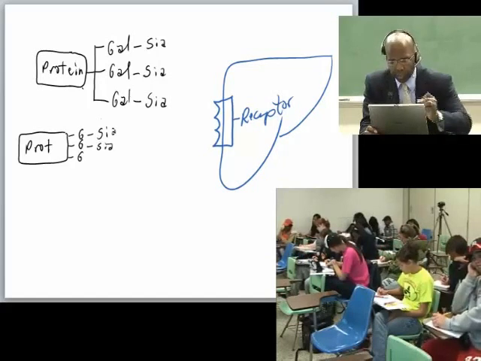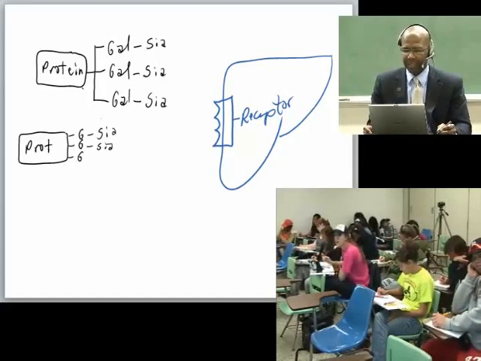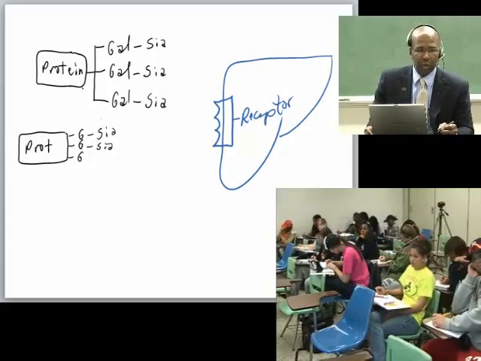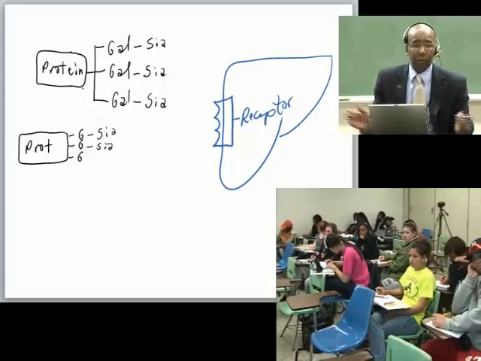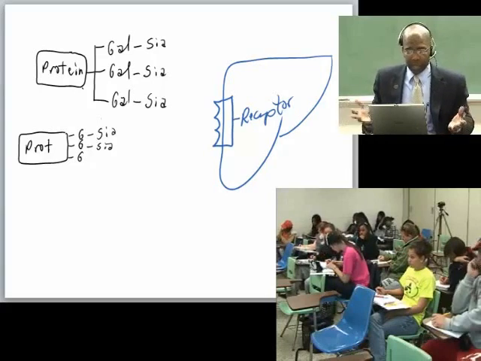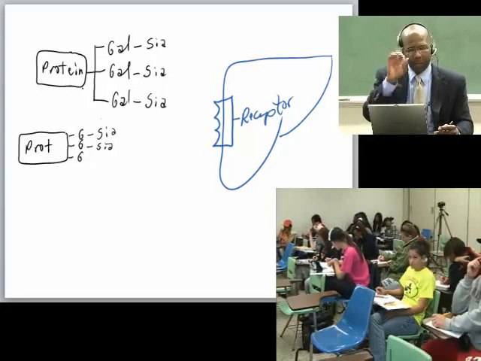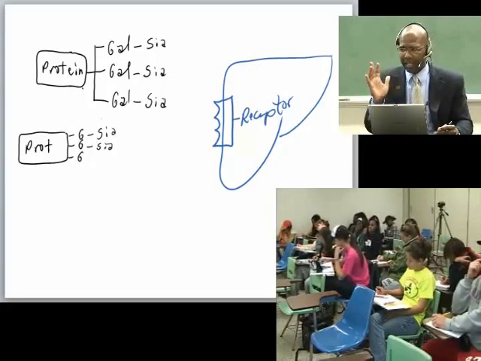You're going to lose one of those sialic acid residues. And so now, when it goes to the liver, is this protein going to be destroyed? No, it's not, because the sialic acids are still covering up those galactosyl residues. Does the rationale make sense?